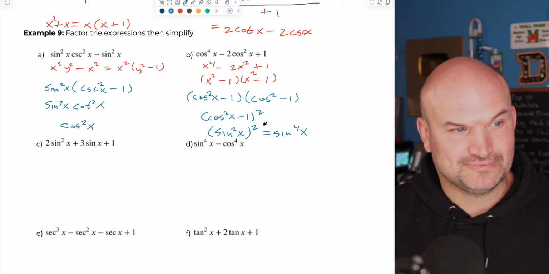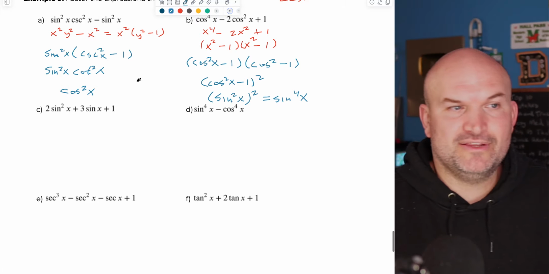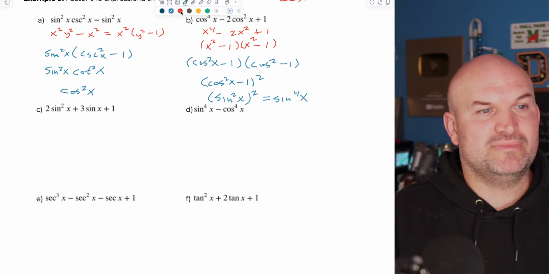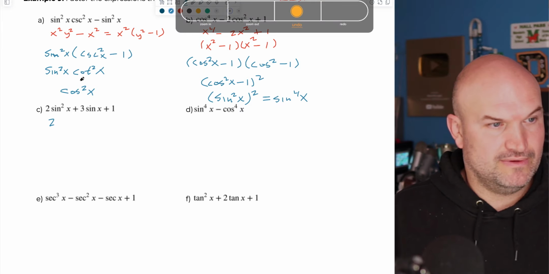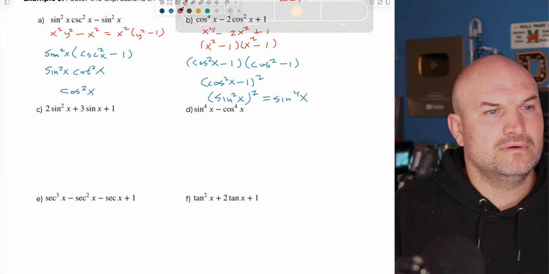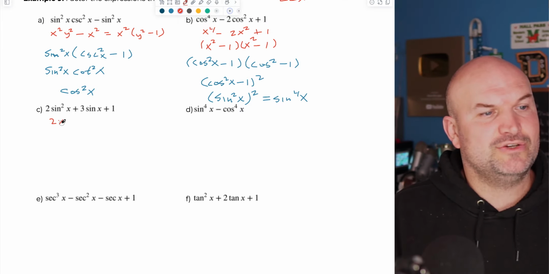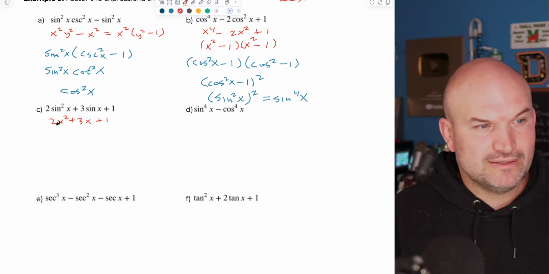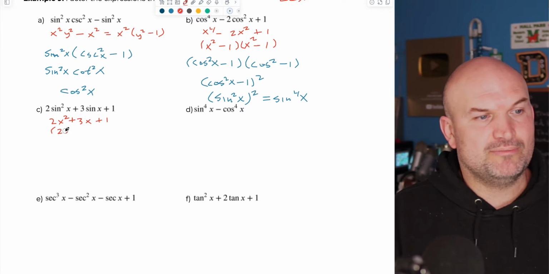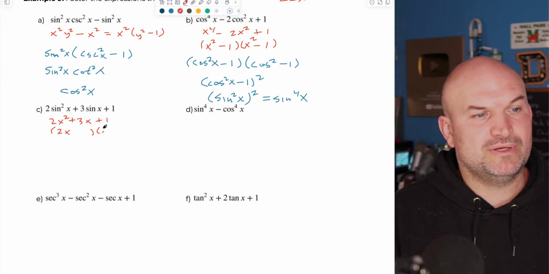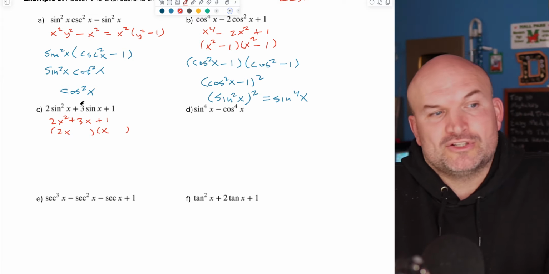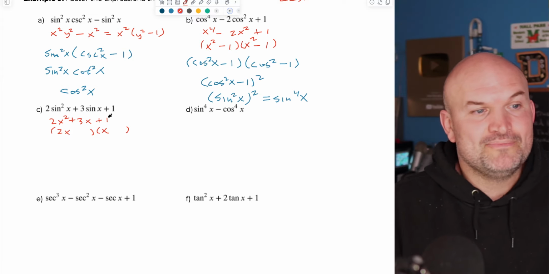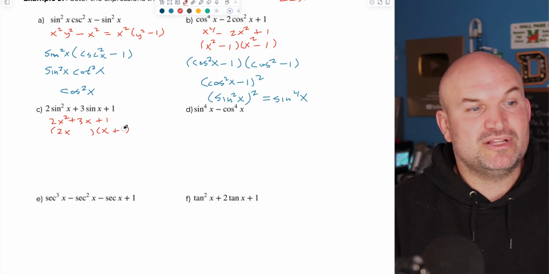Another one, again just think about the algebraic manipulation. If I had 2x squared plus 3x plus 1, we know I can break this up into a binomial times a binomial: x times x. To get my 1, it has to be a positive 1, and since my middle term is positive as well, these two terms have to be plus 1 and plus 1.